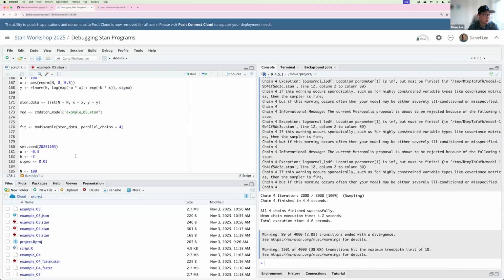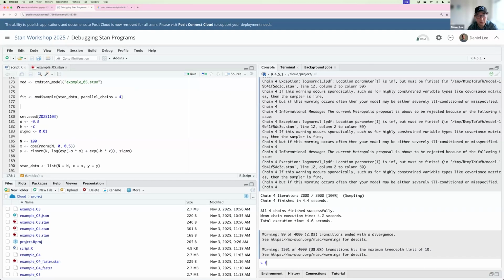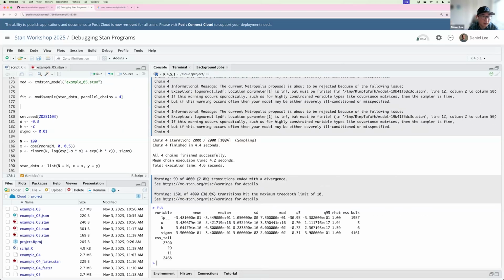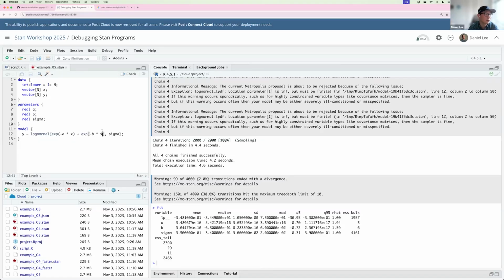So when I run that, what I'm ending up with is a bunch of speed up warnings and divergences, right? So what can we do to make this better? We can add priors like we did. We can add a lower bound on sigma, because that shouldn't be negative.